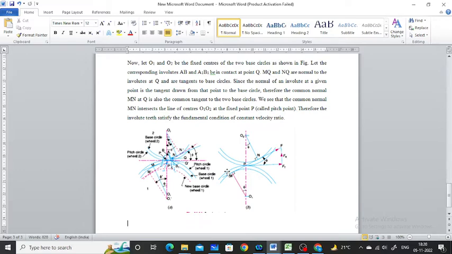Number three: in cycloidal gear, interference does not occur at all. Therefore, there are advantages of cycloidal gear, but they are outweighed by the greater simplicity and flexibility of the involute gear. Okay, that is all about the comparison between involute and cycloidal gear.